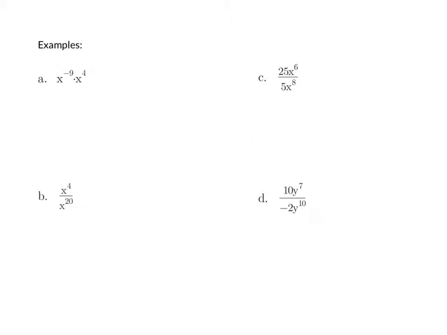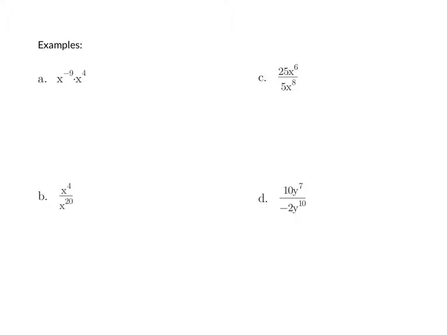Let's look at the following examples to get us started. This is just going to be some practice with our quotient and product rules. In example A, we have x to the negative 9 times x to the 4. The main thing we want to remember is, what did we do when we were multiplying things that had the same base?